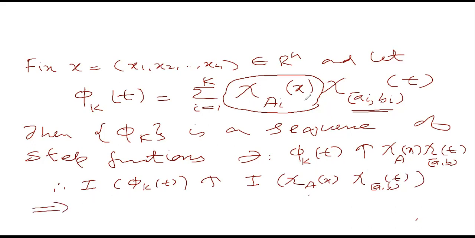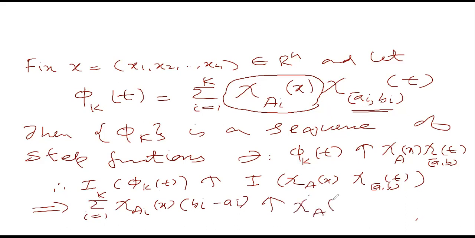The integral of phi_k(t) is the sum of the integrals, but you are integrating over the variable t, so it is equal to summation i runs from 1 to k, chi_A_i(x) into (b_i minus a_i), because the integral of this function is equal to the Lebesgue measure of this set, which is the length of the interval. The integral of this is a constant, so this will be equal to chi_A(x), it is constant, into the Lebesgue integral of this, which is equal to the length of the interval, b minus a. So that's our double star.